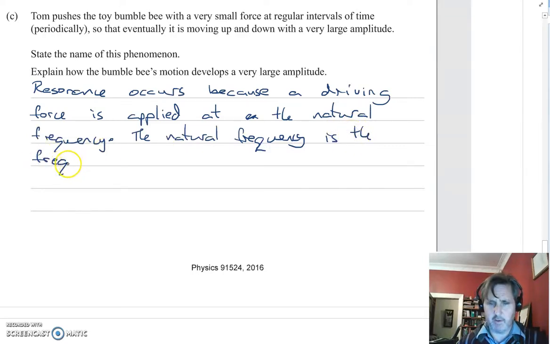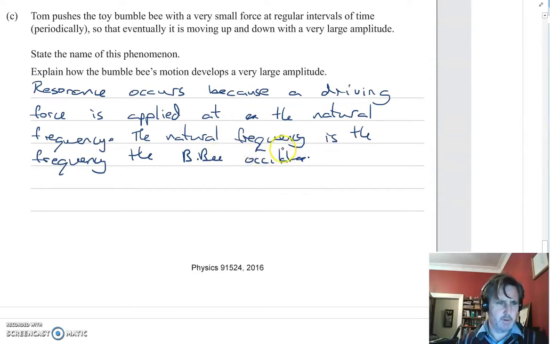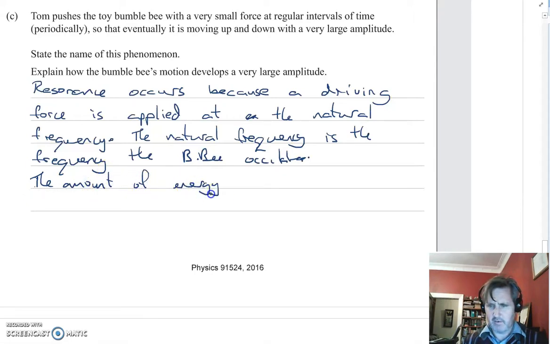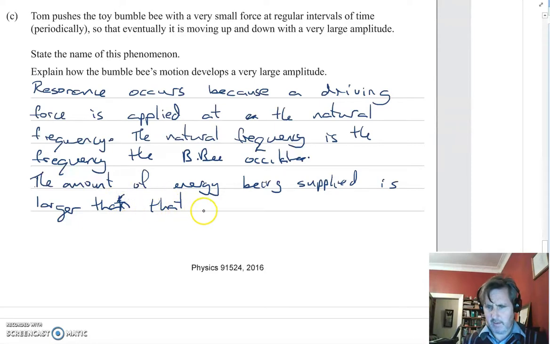And remember, that was 1 over the time period. So it gets a very large amplitude because the amount of energy you're supplying is larger than the amount of energy lost by friction.